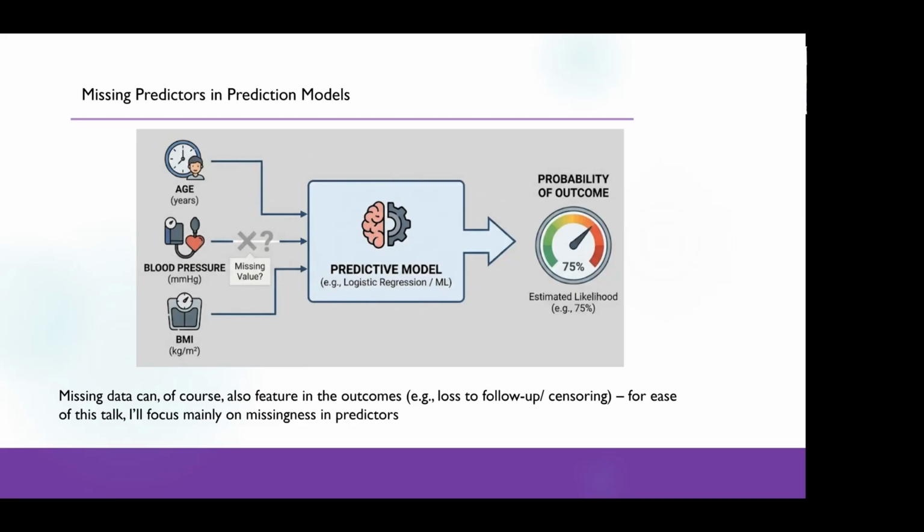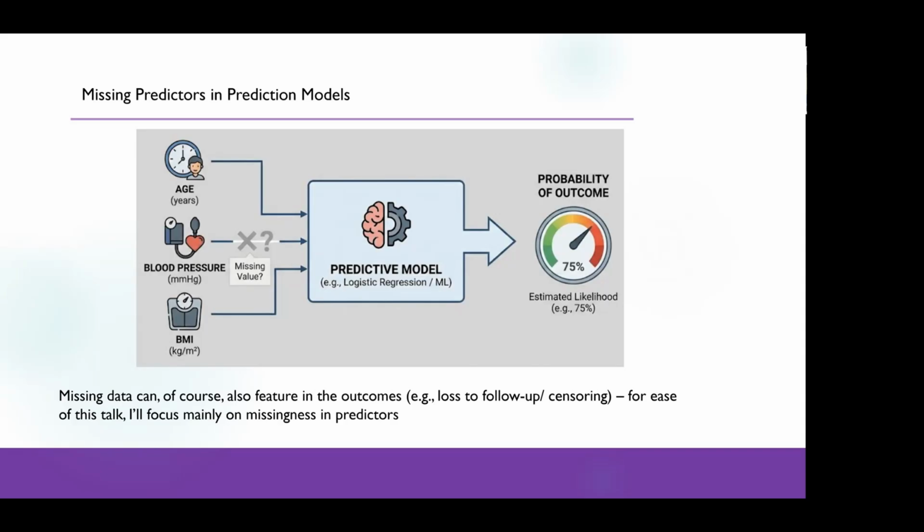Just to get the ball rolling, I want to be really clear about what I mean by missing data. Throughout the talk, I'm going to assume that we're interested in using a set of predictor variables to predict an individual's risk of some future outcome.